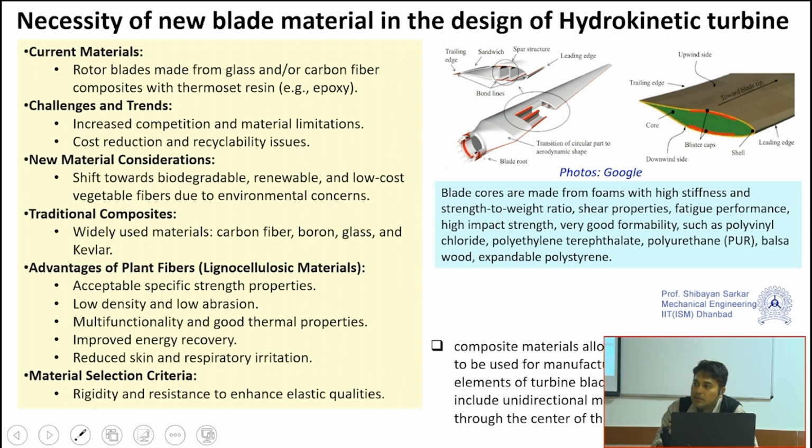Basically, whenever this type of energy conversion system is generated, it is generated in view of using it for 20 to 30 years. A conventional hydropower plant is for more years, but this type of plant is for 20 to 30 years.